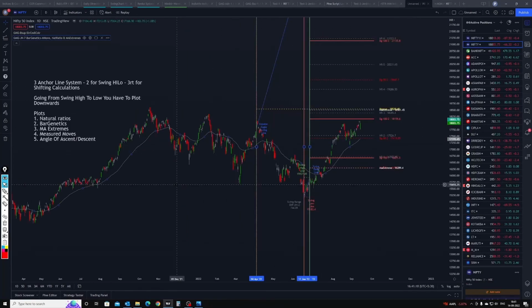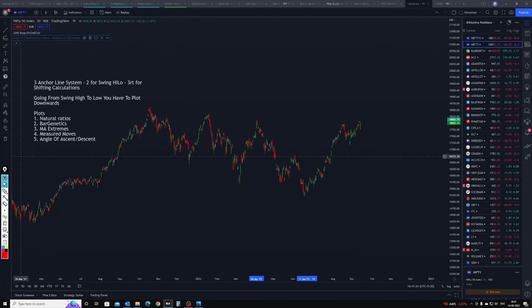One important aspect to know about this indicator is the selection of the swing. So you have to play around with the selection of the swing. There cannot be a fixed swing or a standard swing. For natural numbers and bar genetics, the lesser the amount of swing, the better it is.